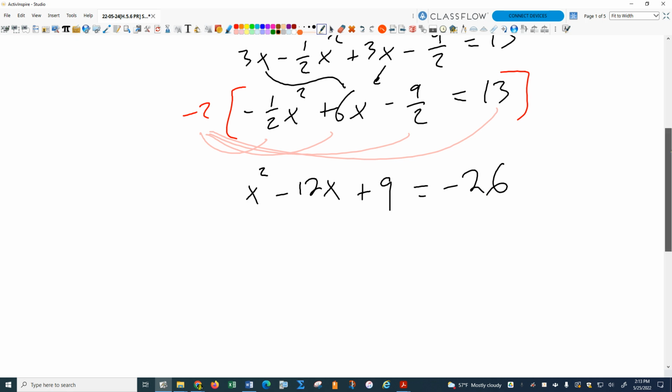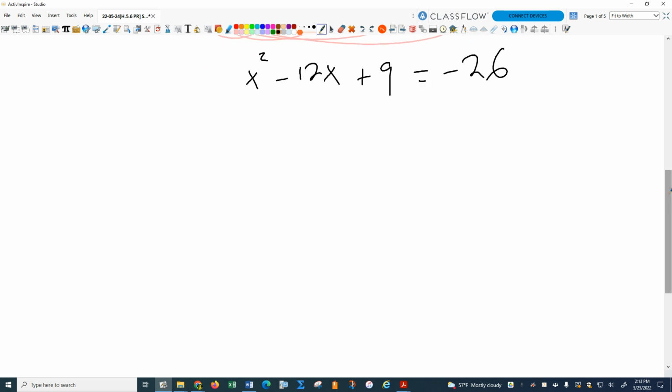What's my next step? What do I always need to do? Set equal to 0. Got to put it in standard form. So I'll add the 26 over to this side. And I get x squared minus 12x plus 35 equals 0. Quadratic equation in standard form.